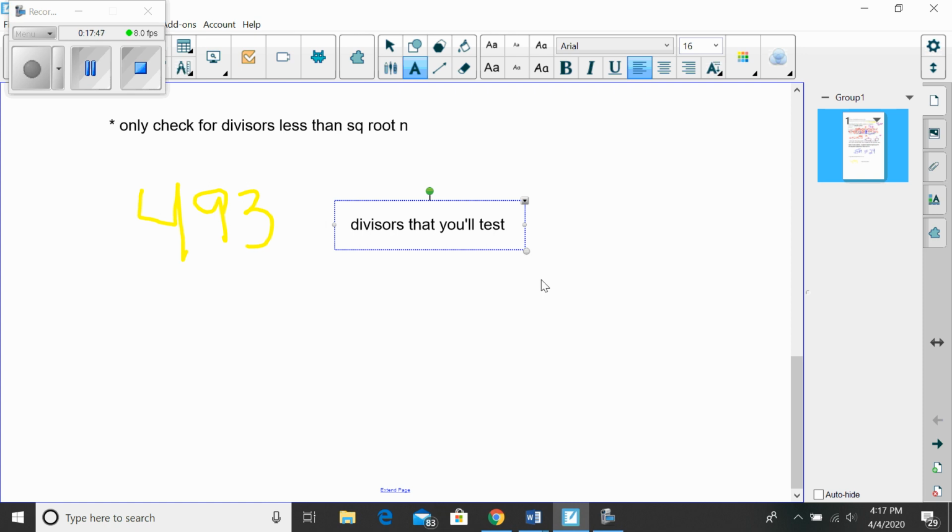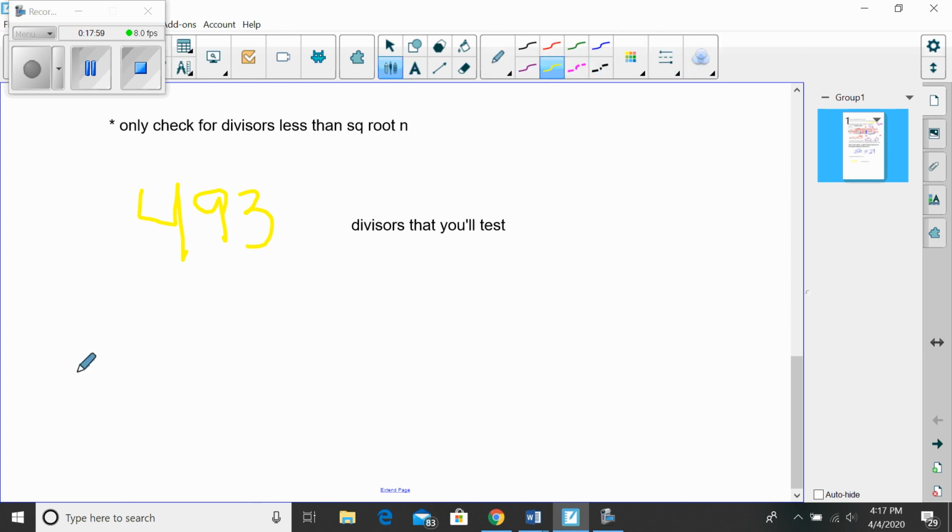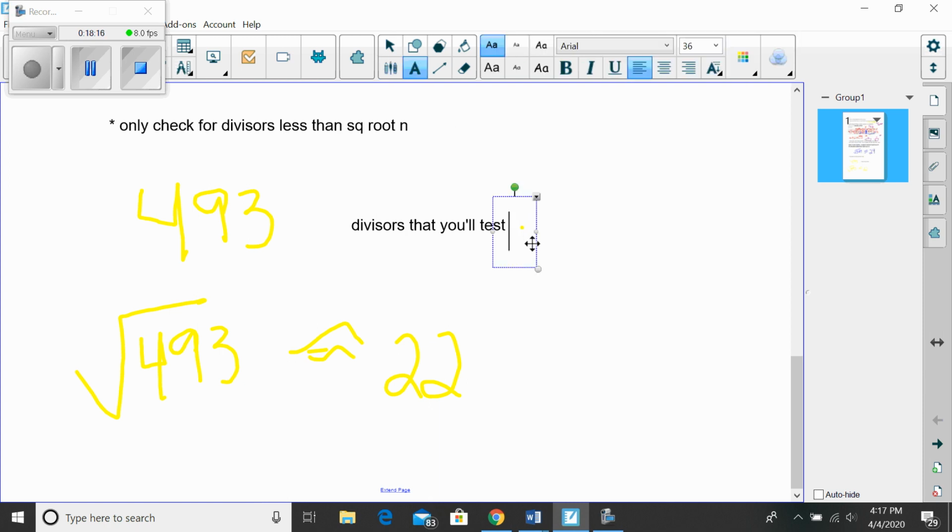Okay, so coming back, if you took the square root of 493, you get about 22. So what that means is I am only going to test primes up to 22, which means I'm going to test 2, but it's not even, so 2 won't work.